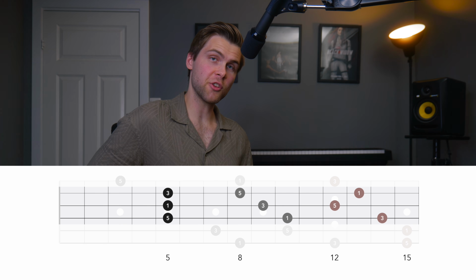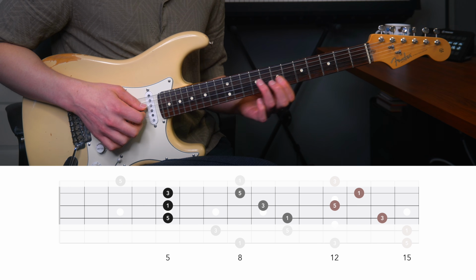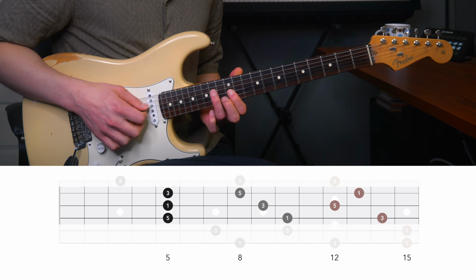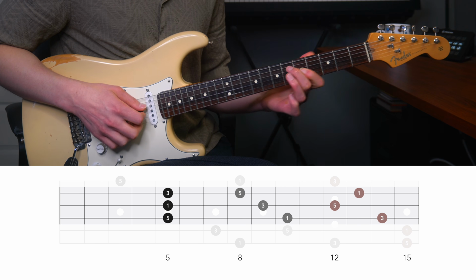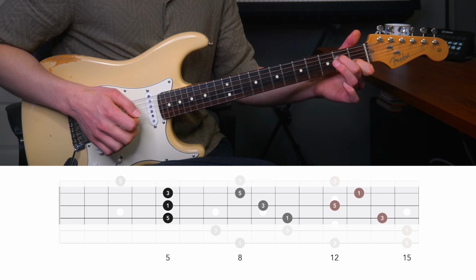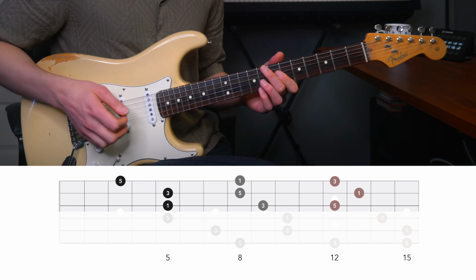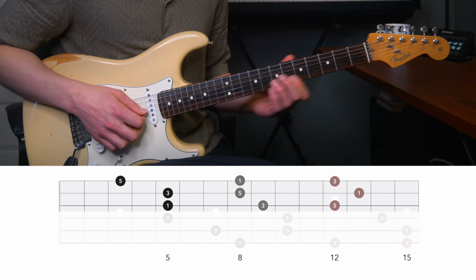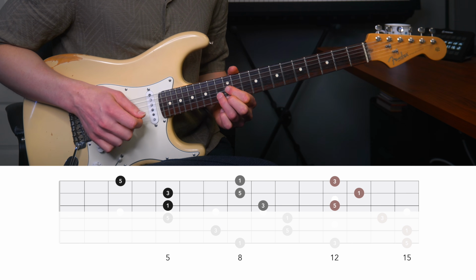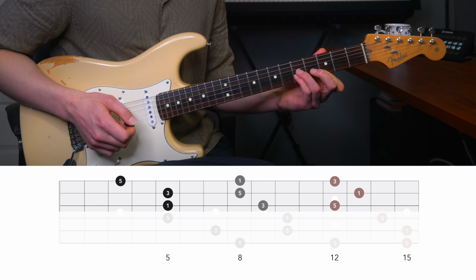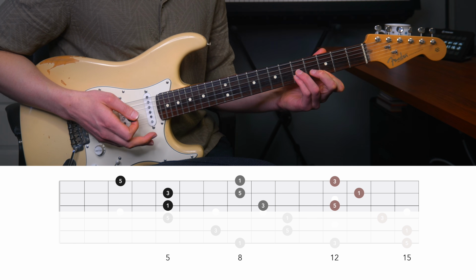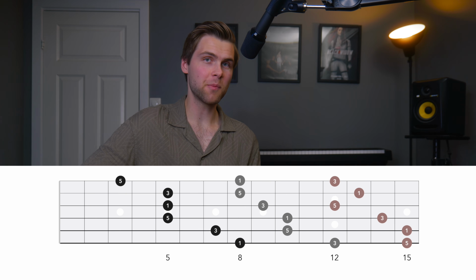Then try to move horizontally between the shapes. Then pick 3 other strings. This is tricky, so it's not something you're going to master straight away, so give it some time.